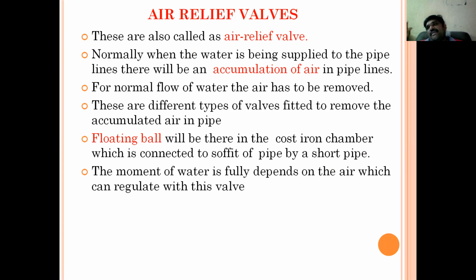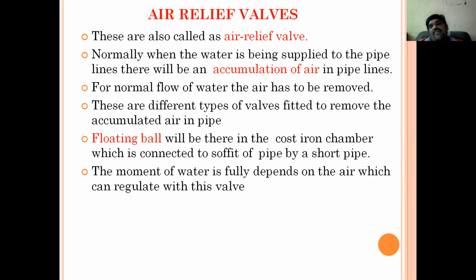When the water is being supplied through the pipelines, there will be a blockage, or else air will be accumulated in the pipelines. In such cases, water won't move. For normal flow of water, the air has to be removed. These are different types of valves fitted to remove the accumulated air in pipes.